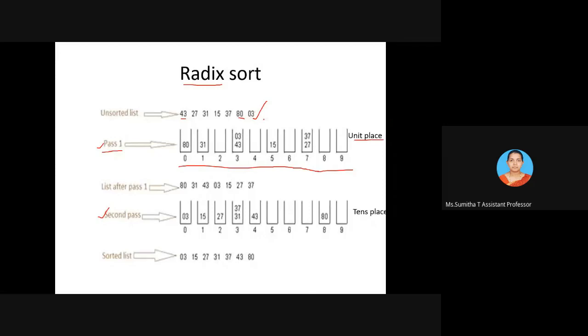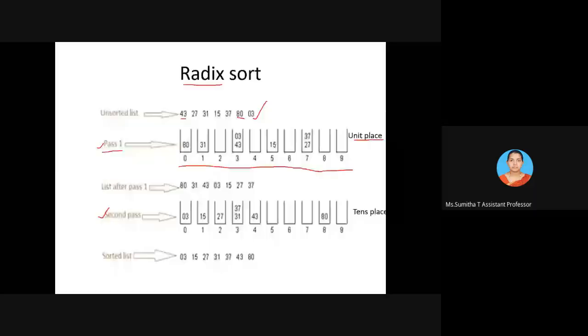Ones place, tens place, hundreds place. Here 3, 0, 7, here 5, here 1, here 7, here 3. Okay, this is the unit place, right? So based on the unit place, we put the elements into the buckets 0 to 9. Okay, the first element is 43. Where can we place it?